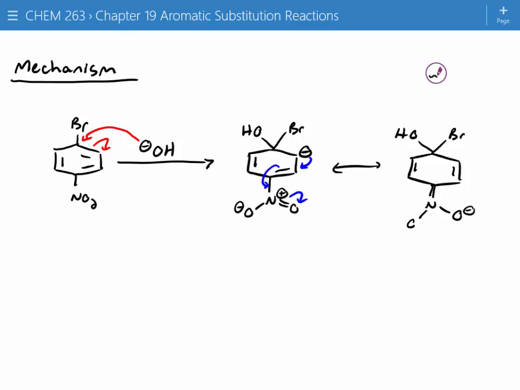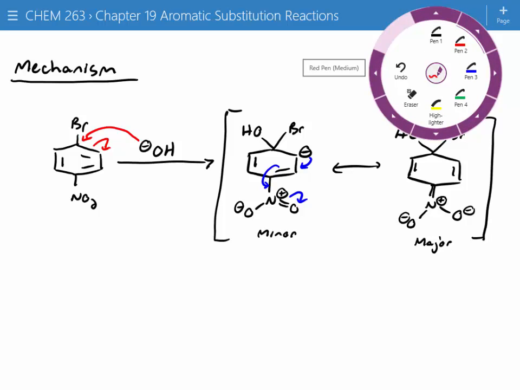Each oxygen has a single bond. So now we avoid carbons with negative charges. Now the negative charge is on the oxygen. Oxygen's a lot more electronegative. So in fact, this is the major contributor. This is the minor contributor.